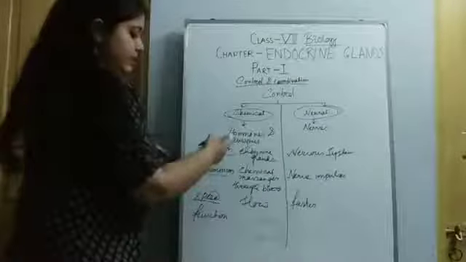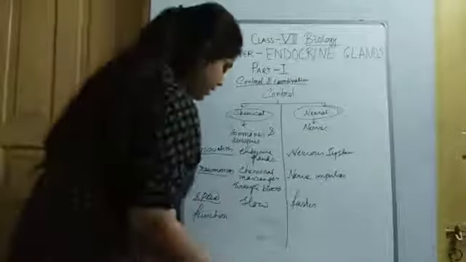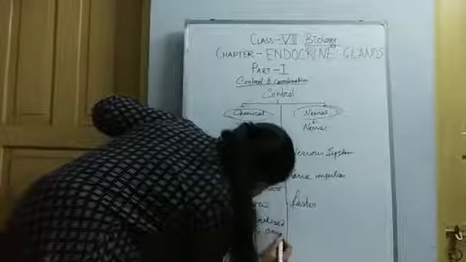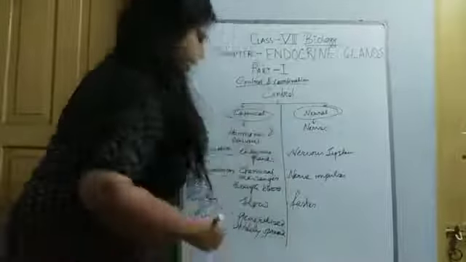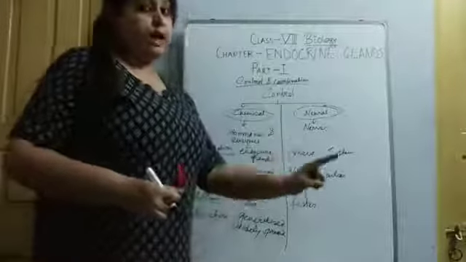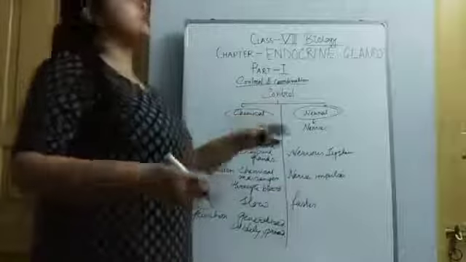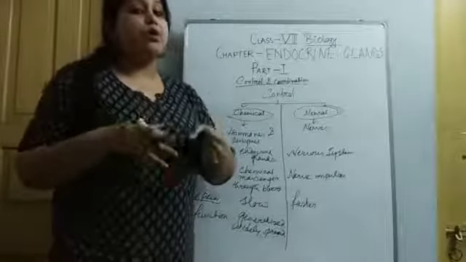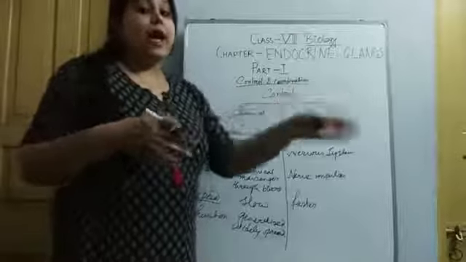The function of these chemical messengers is generalized and also widely spread, and it acts on the target cell. The hormones are secreted into the blood, mix with the blood and go to the target cell to act.